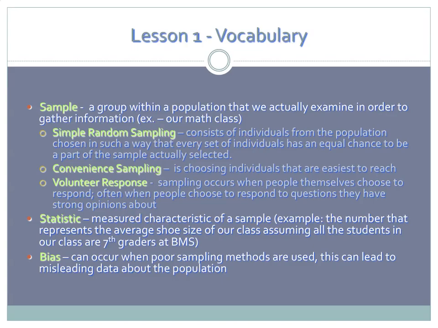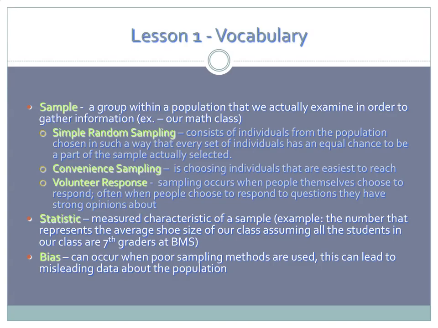All right, 2 more terms. We're almost there, guys. Second to last term is statistics. A statistic is a measured characteristic of a sample. For example, the number that represents the average shoe size of all of our class, assuming that all students in our class are 7th graders at BMS.